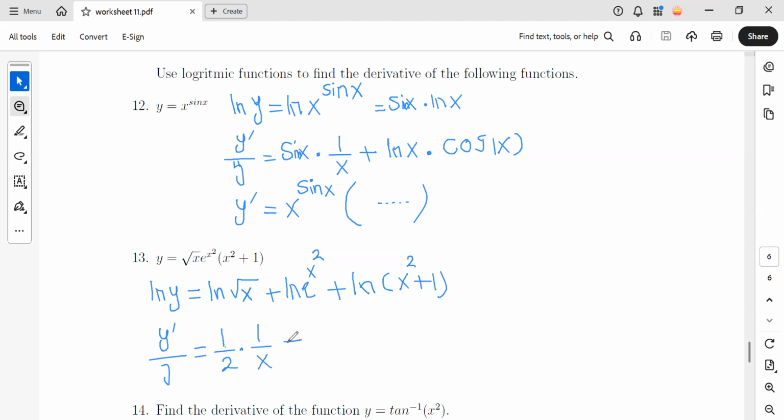For the next part, since ln and e can cancel each other, we are going to be left with x squared. And we know that the derivative of x squared is 2 times x.